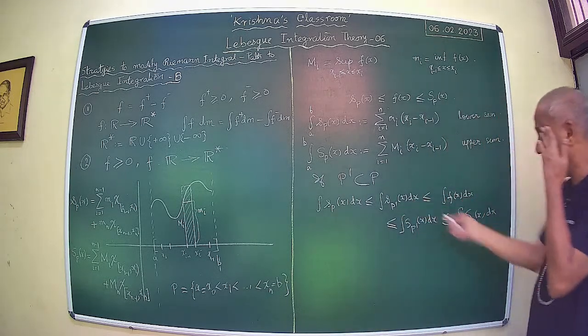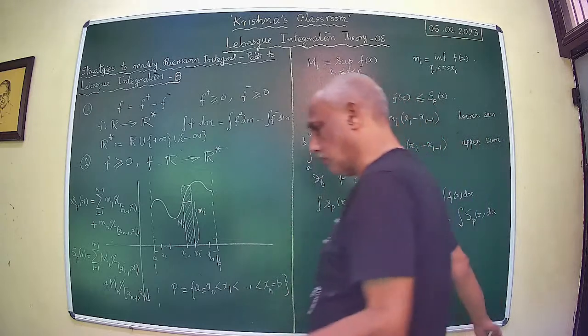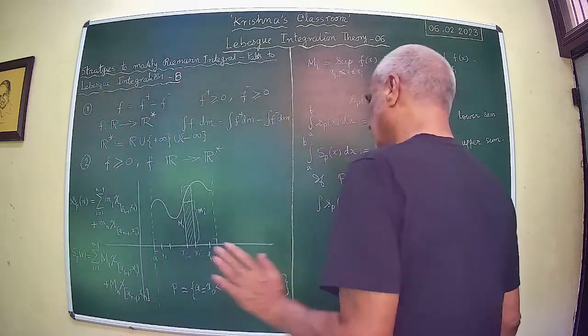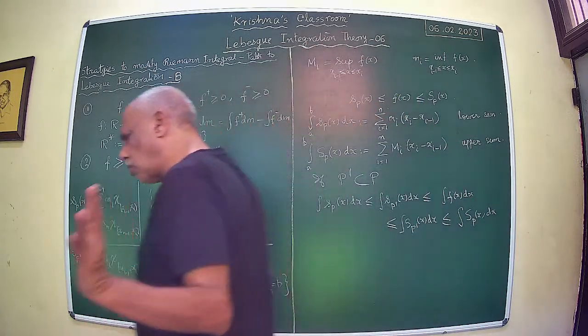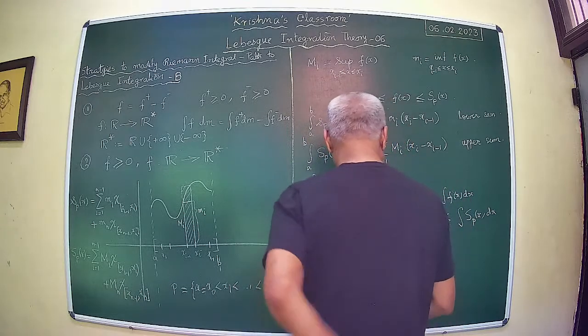This is the inequality that emerges. So with refinement, the lower sum would increase and the upper sum would decrease, and you see that the set of all lower sums is anyway bounded by this.